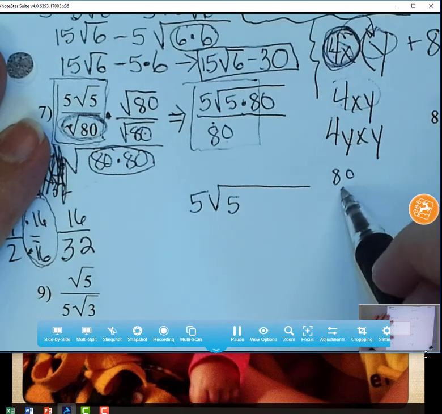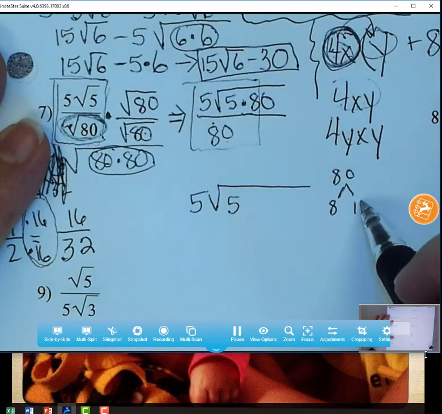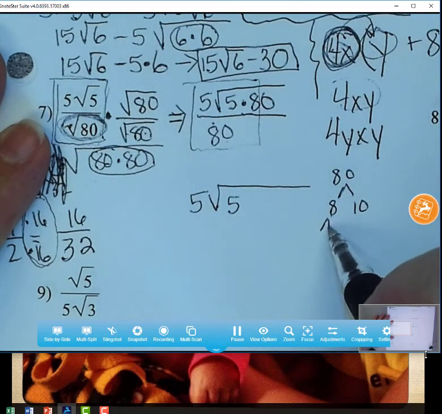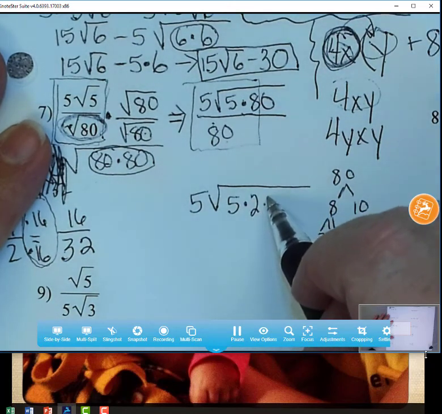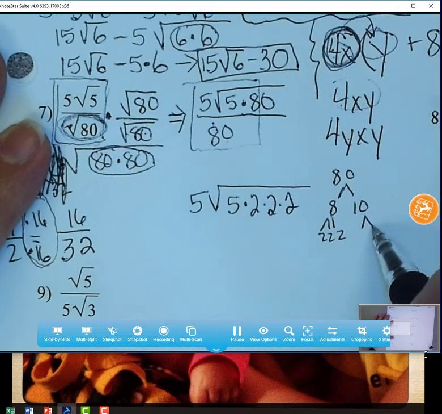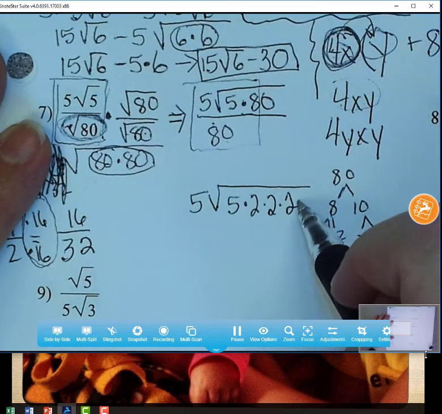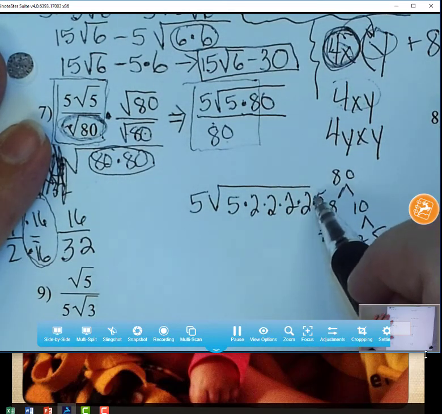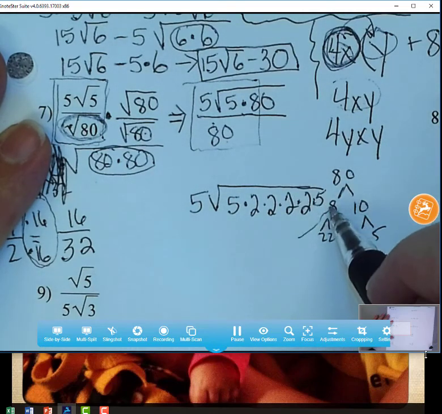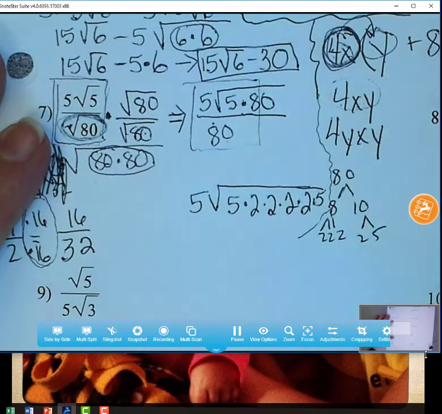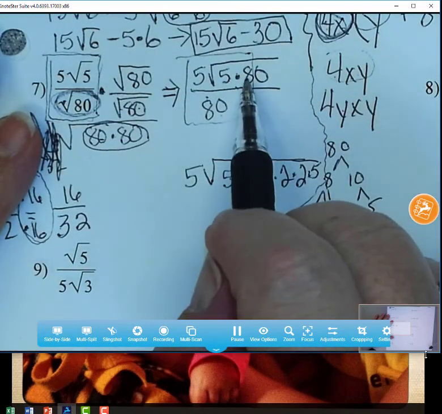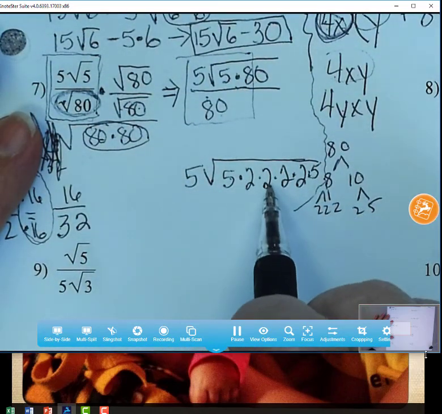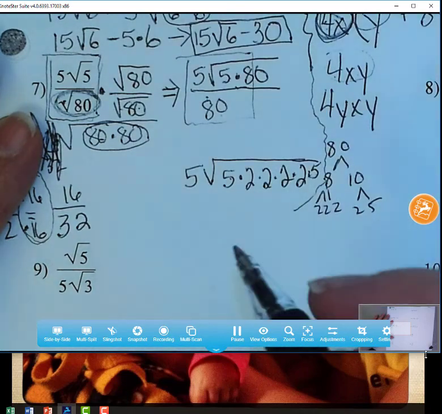So I'm going to say 80 is 8 times 10. I know that the 8 is 2 times 2 times 2. And I know that 10 is 2 times 5. I really hate when I run out of space. So I took the 5 and I brought it down, and then I broke down the 80 into 2 times 2 times 2 times 2 times 5.